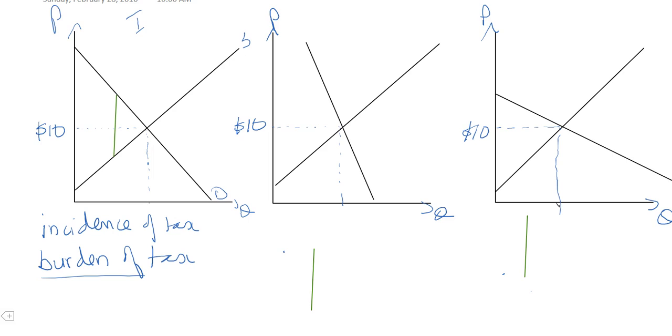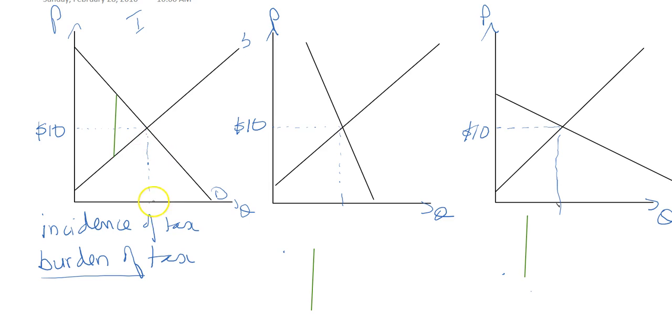The interesting thing to note when a tax is imposed is that it does not really matter which segment of the market we are taxing. What a tax does is it creates a wedge between the price that buyers pay and price that sellers receive.